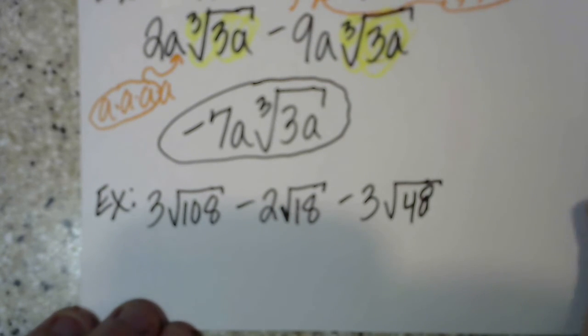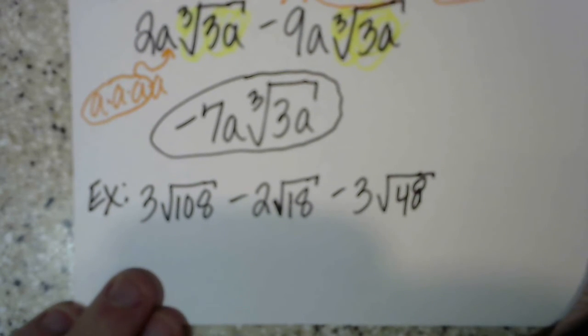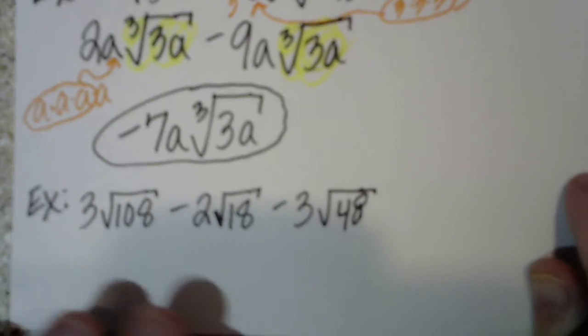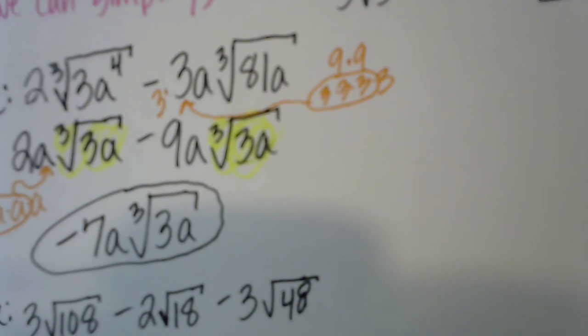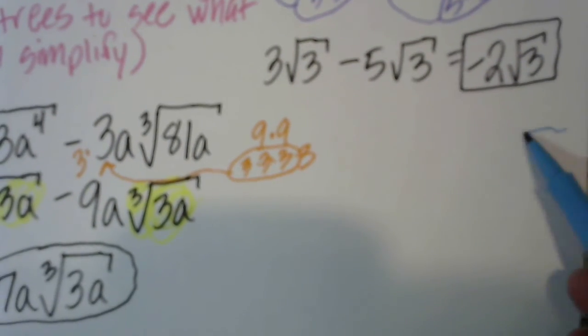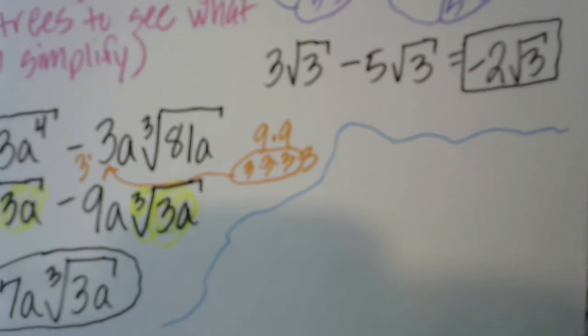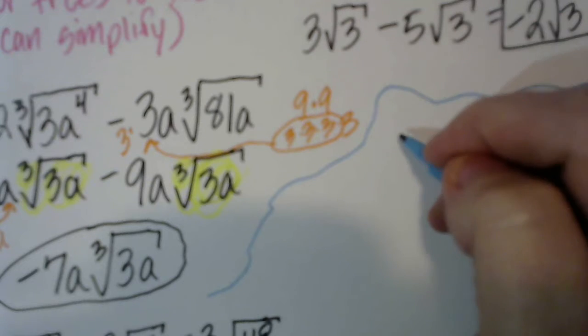So I know I don't have perfect squares, so I know I'm going to have to do factor trees for all of these numbers: 108, 18, and 48. So that's what I'm going to do off to the side, are my factor trees. So I'm going to make a little bubble over here so I can do these factor trees. 108.